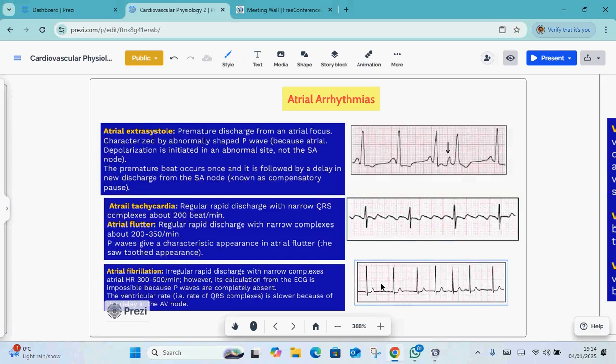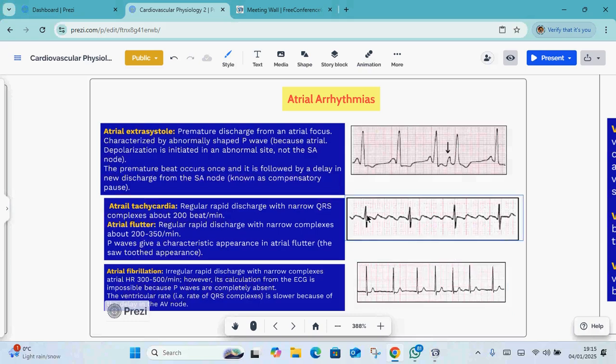When you have an irregular heartbeat, meaning the distance between R and R is not equal, with no P waves, this is called atrial fibrillation. So atrial fibrillation: no P waves, and the distance between R and R is not equal.